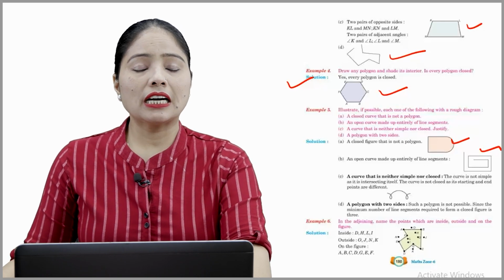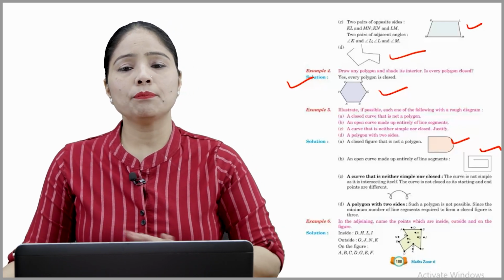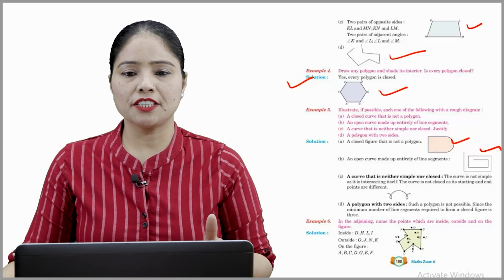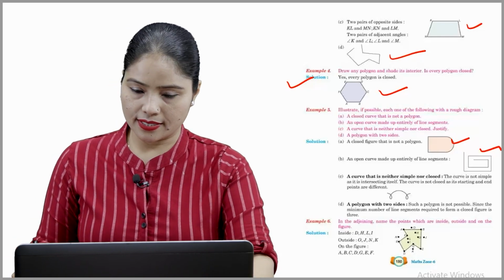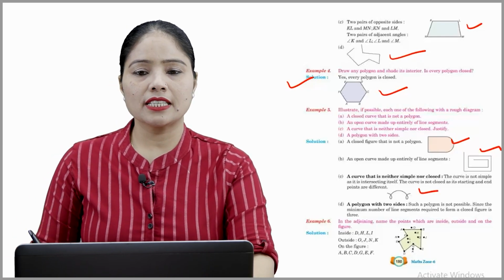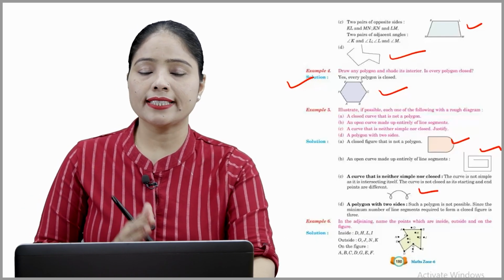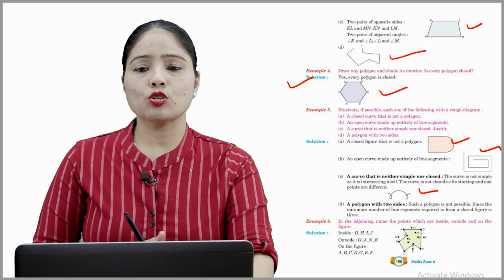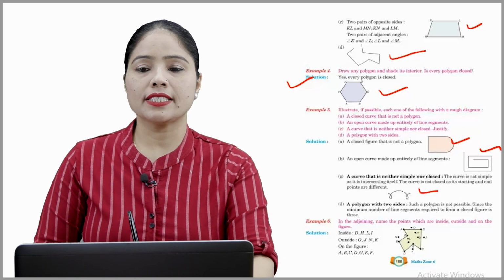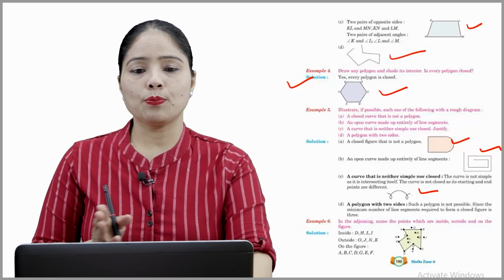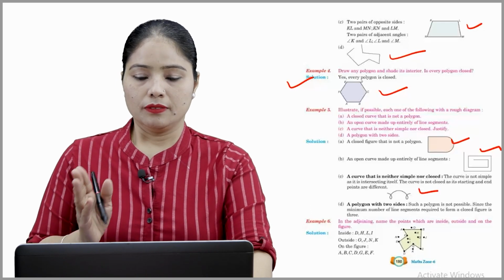C part, a curve that is neither simple nor closed. Justify. So like this. The curve is not simple as it is intersecting itself. The curve is not closed as its starting and end points are different.